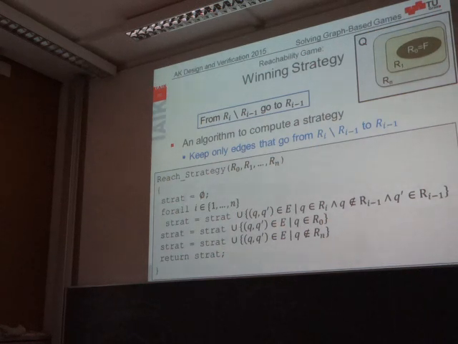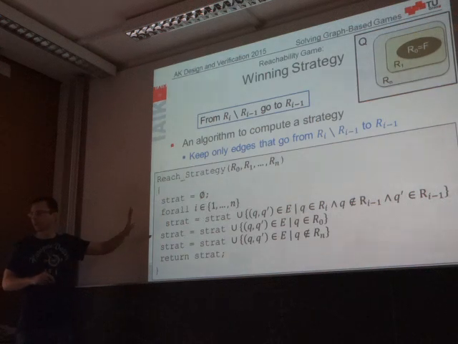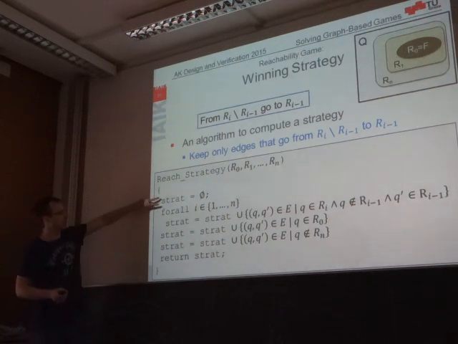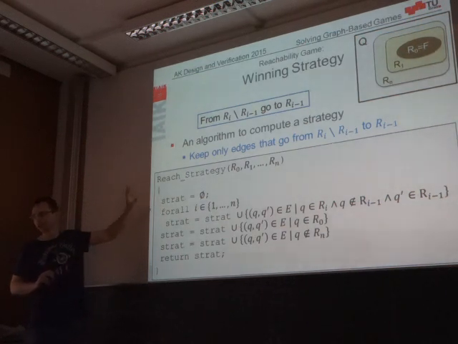And basically what we do when computing a strategy, in this algorithm, I just enumerate all the edges that are good in the game graph for winning the game. Initially, I say the set of edges is the empty set, but then I add edges to this set.